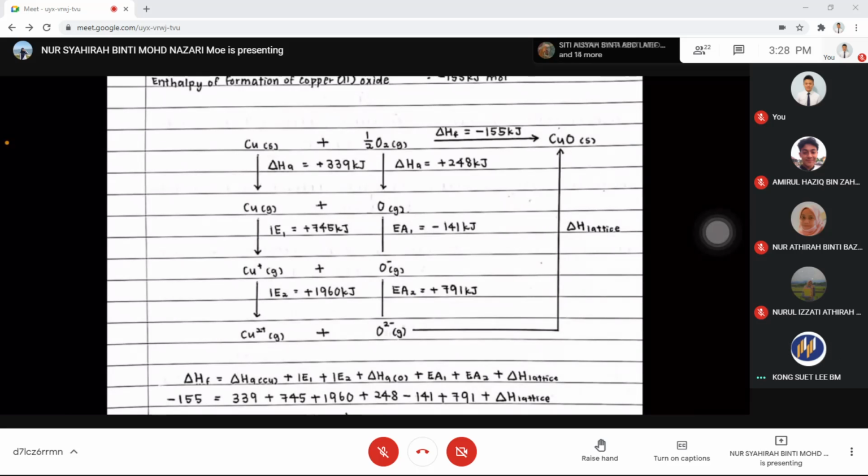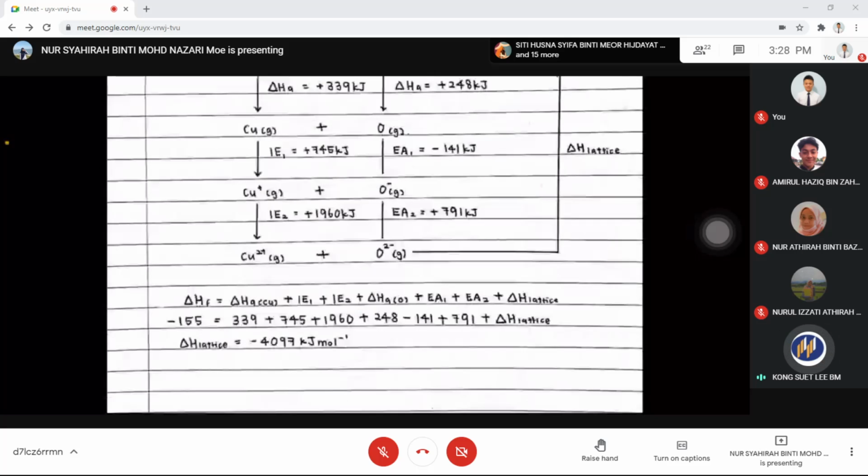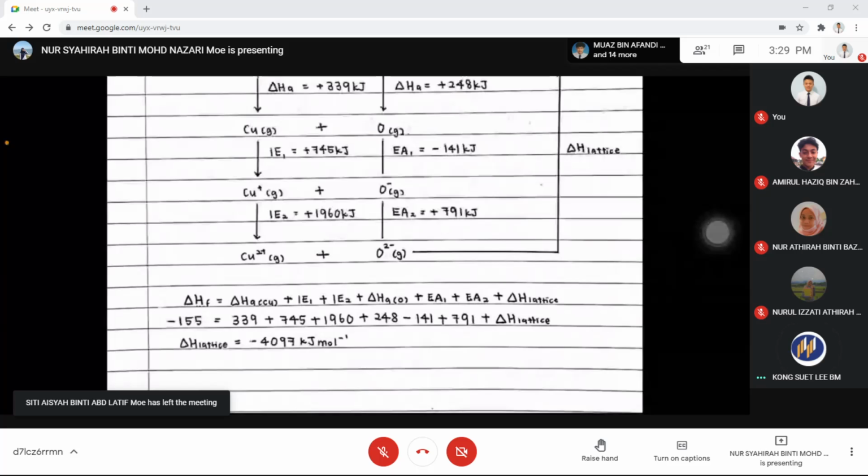Next, enthalpy of atomization of copper plus first ionization energy plus second ionization energy plus enthalpy of atomization of oxygen plus first electron affinity plus second electron affinity plus enthalpy of lattice energy will equal to enthalpy of formation.